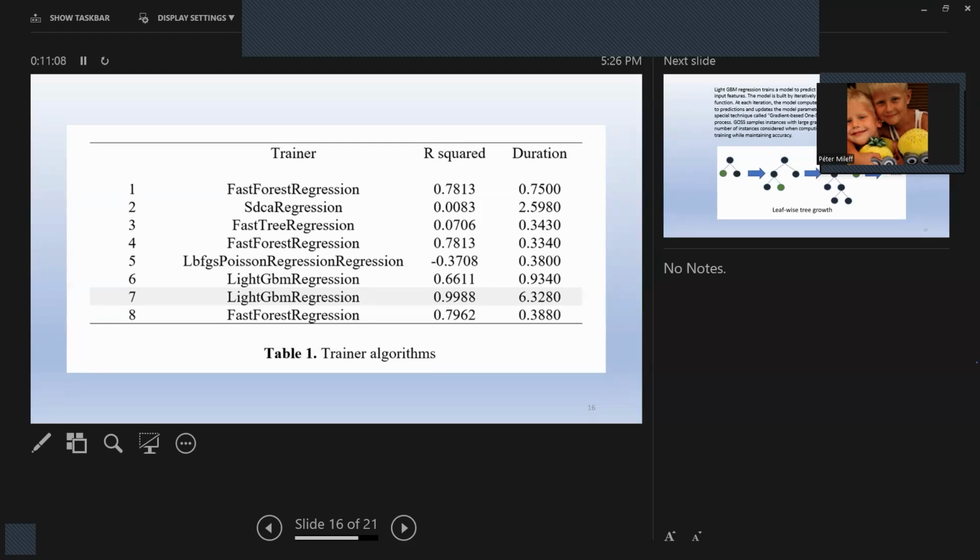Under number 7, as you can see, this LightGBM, for this particular problem, it does not mean that it is good for all the others, showed almost excellent correlation, unlike the others.